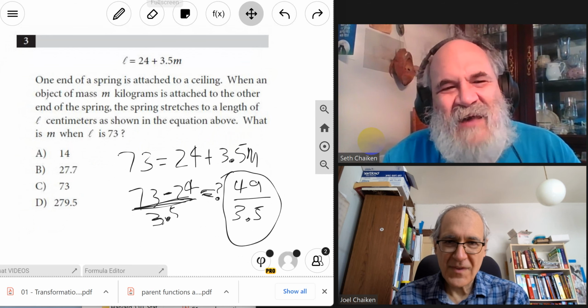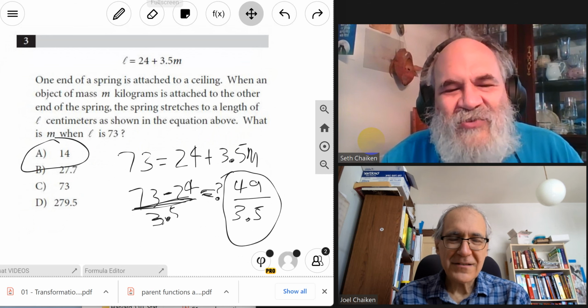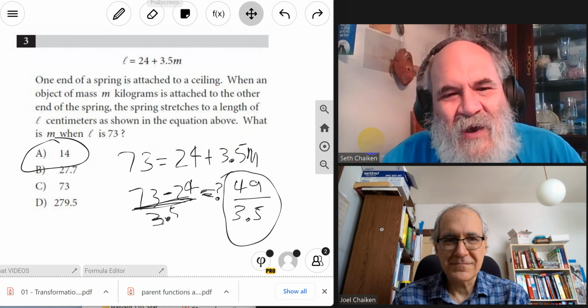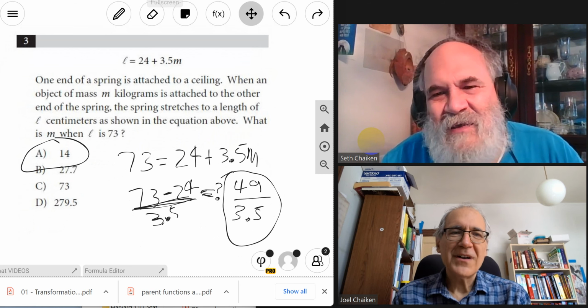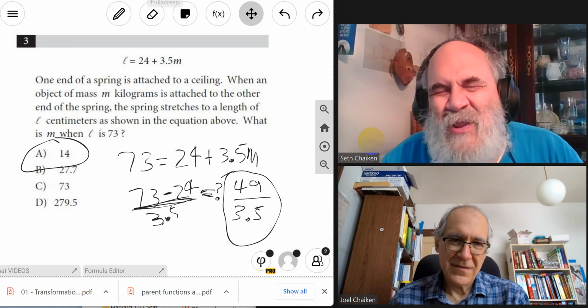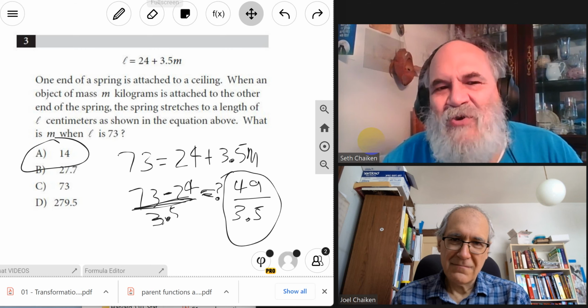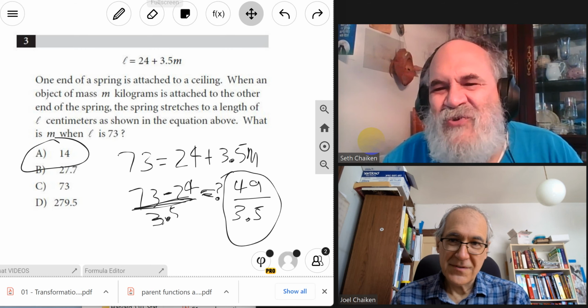The only possible answer for that is 14, because all the others are bigger than 25. That's what we said yesterday. There's no way this thing could be bigger than 25, because 25 would be approximately 49 divided by 2.